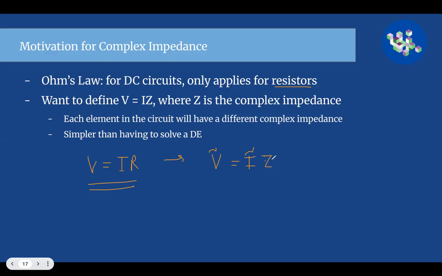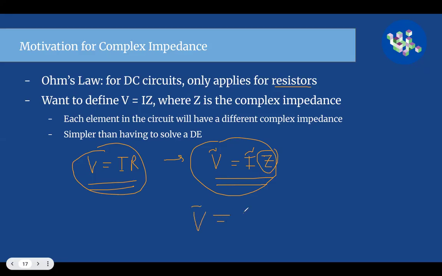We'll call the complex impedance Z. It looks pretty similar to V equals IR, but V equals IR is only for resistors. What we want is, for any arbitrary element in an AC circuit, to define its own complex impedance. So we can directly say that the voltage across that element is equal to the current through that element times its own complex impedance, Z.